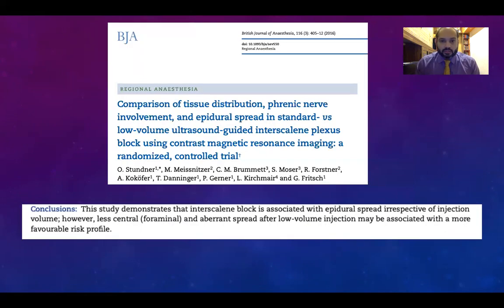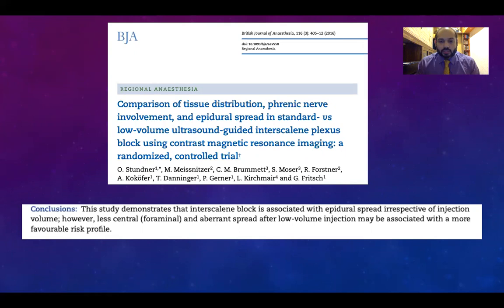This was an interesting study published in 2016 in British Journal of Anesthesia. So here, Studner et al., they studied the contrast magnetic resonance imaging and compared the tissue distribution, phrenic nerve involvement, and epidural spread in standard versus low volume ultrasound guided interscalene block.